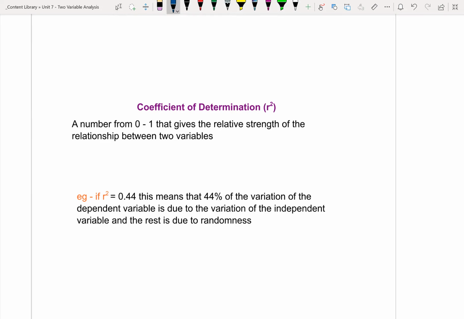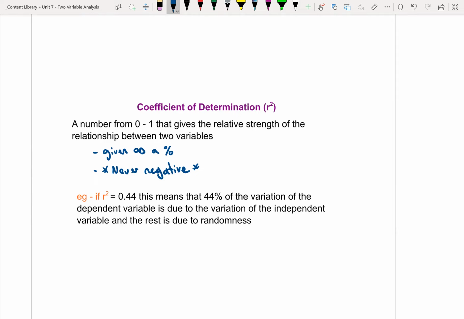This is given as a percent, or a percent as a decimal, and it is never going to be negative, because if you square a negative number, you get positive. You square a positive number, you still get positive.